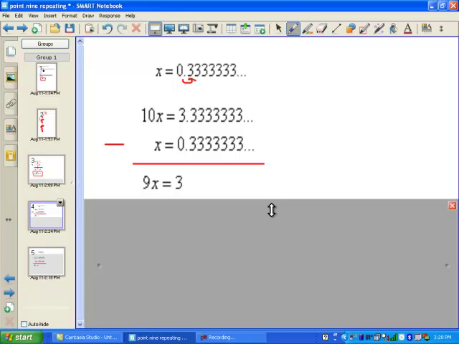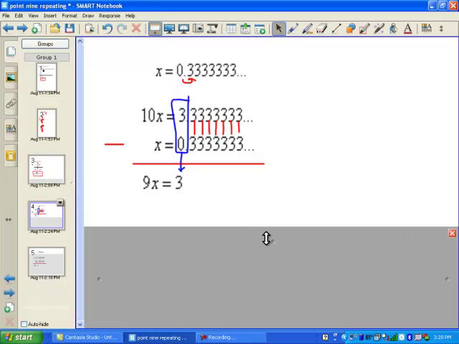And if we look on the right-hand side, each of the 3's is lined up with another 3 once we get past the decimal point. So all of those 3's cancel out as we subtract, leaving us just with the 3 in the front and the 0, of course. And when we subtract 3 minus 0, we get 3. So 9x is equal to 3.